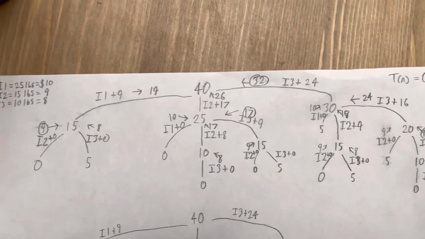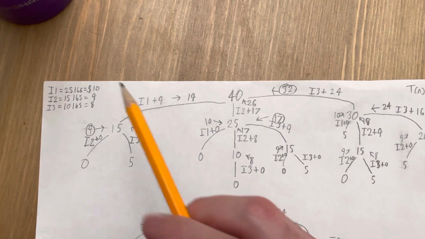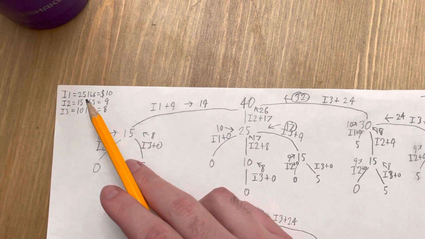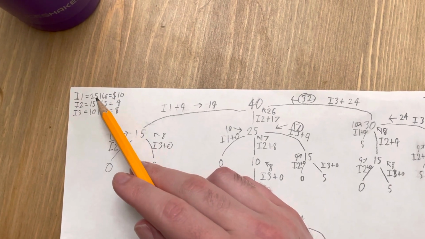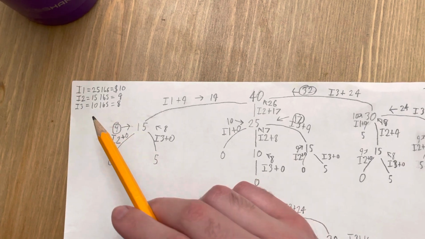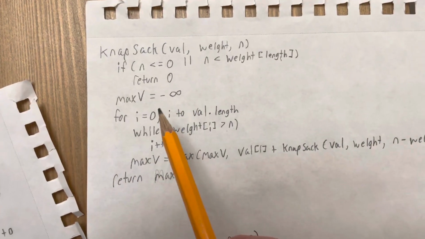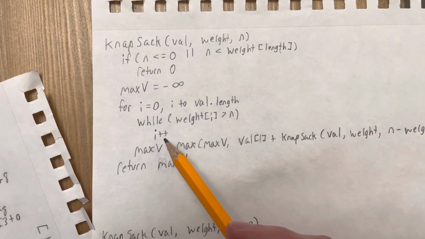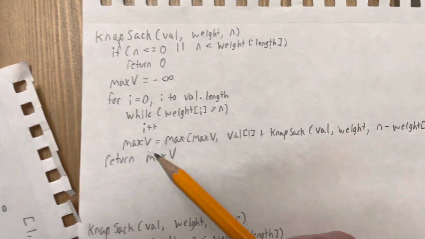So like, since we have 15 here, we can't use 25. So assuming 25 is index 0, index 1, index 2, say we're looking at 25 initially, we don't want to look at 25 because it's too big. So then we're just going to switch it and then move to the next one. In that case, it would be 15.